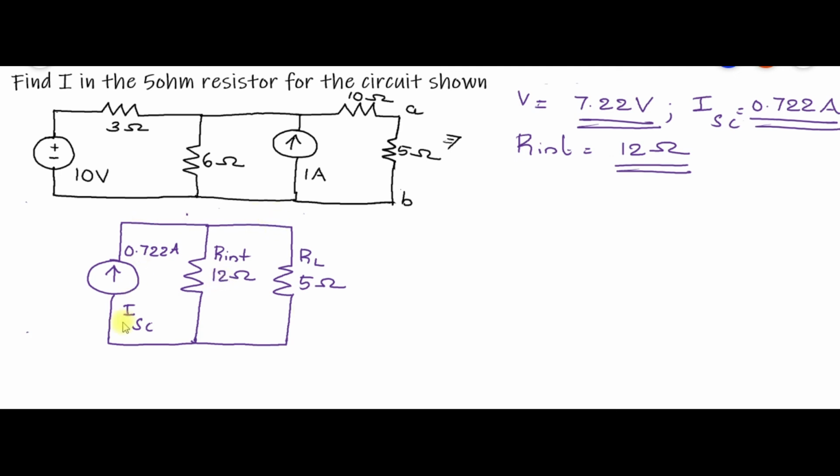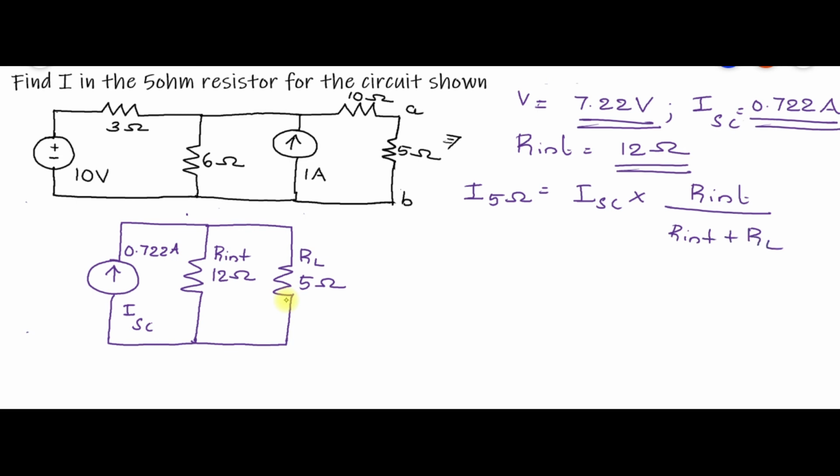This is Norton's equivalent circuit. Norton's equivalent circuit is ISC in parallel with the R internal resistance, and this 5 ohm resistance we can reconnect. Then you have to find out the current through this 5 ohm resistance. So the current through the 5 ohm resistance is given as I 5 ohm is equal to ISC into R internal divided by R internal plus RL.